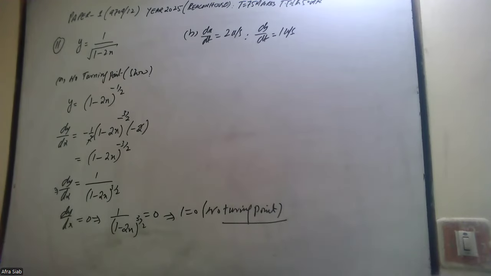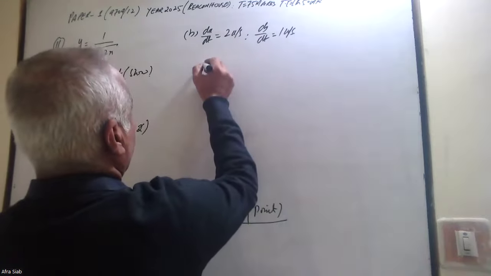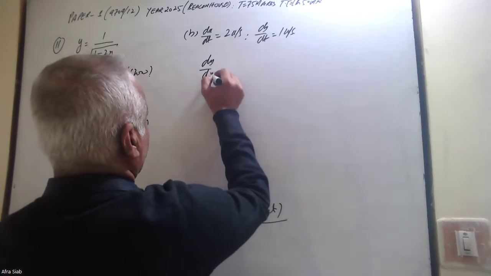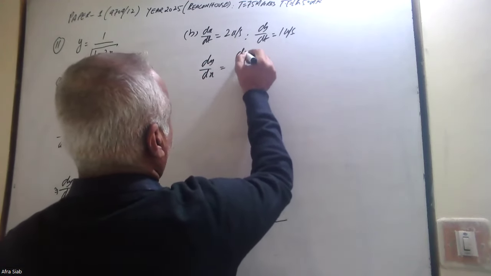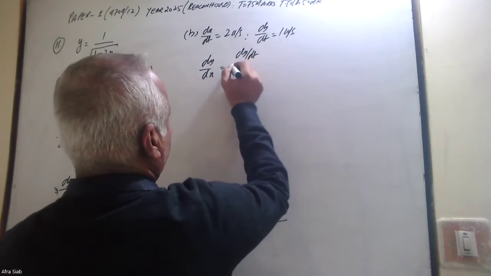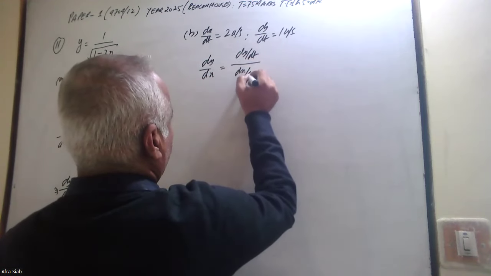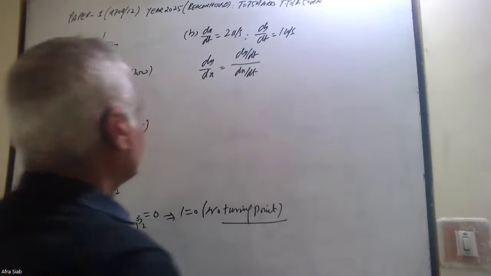You are going to find the value of x for this portion. So this means dy by dx is equal to dy by dt over dx by dt.